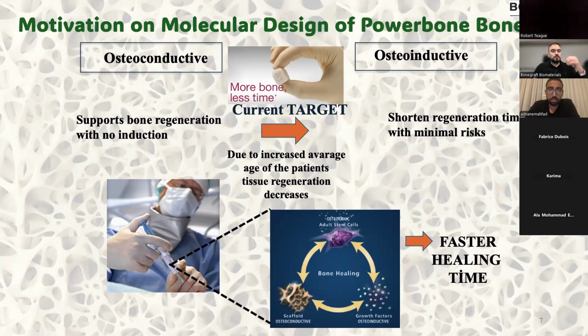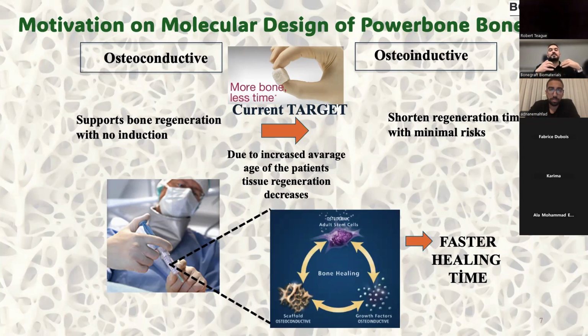And also the degradation profile of beta-tricalcium phosphate readily met our goals, which was that within 6 to 9 months of the regeneration period, the graft is going to be replaced by the patient's own tissue, because we didn't want the implanted graft material to be integrated into the patient's own bone.